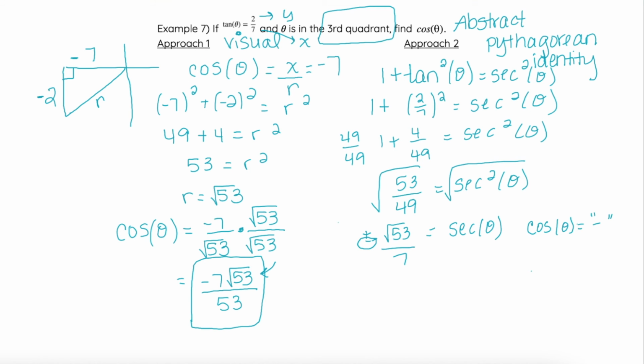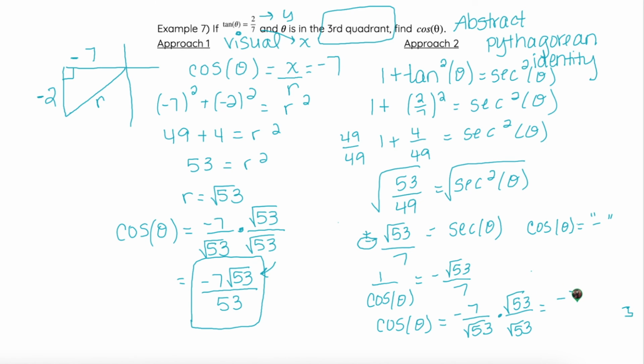Therefore, since I know secant is the reciprocal of cosine, I can say that 1 over cosine is equal to negative square root 53 over 7, or cosine is equal to the reciprocal, -7 over square root 53. But then rationalizing that denominator ends up with -7 square root 53 over 53.